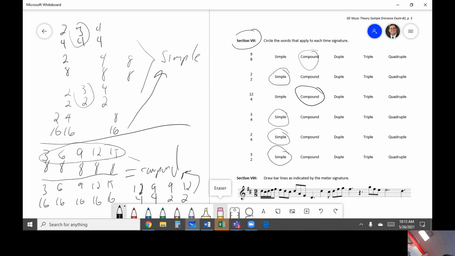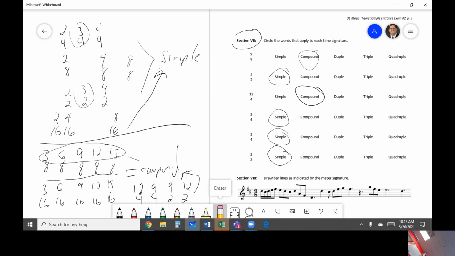Any of these things up here where the numerator is not divisible by 3, chances are they're going to be simple, with the exception of things like 3-2, 3-4, etc., in which case those are going to be simple. All right? So that's what we mean by simple and compound, dealing with the subdivision of the beat. I encourage you to go back for the last 45 seconds to a minute and just kind of make yourself this chart here and have that memorized.